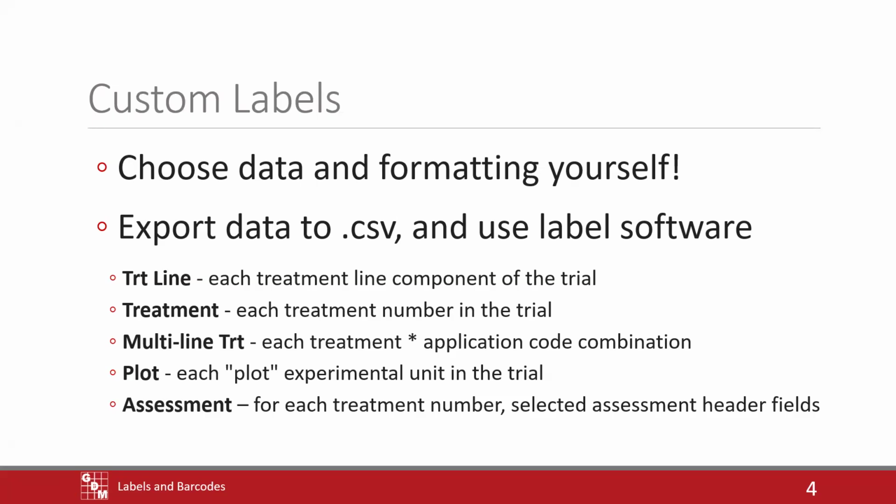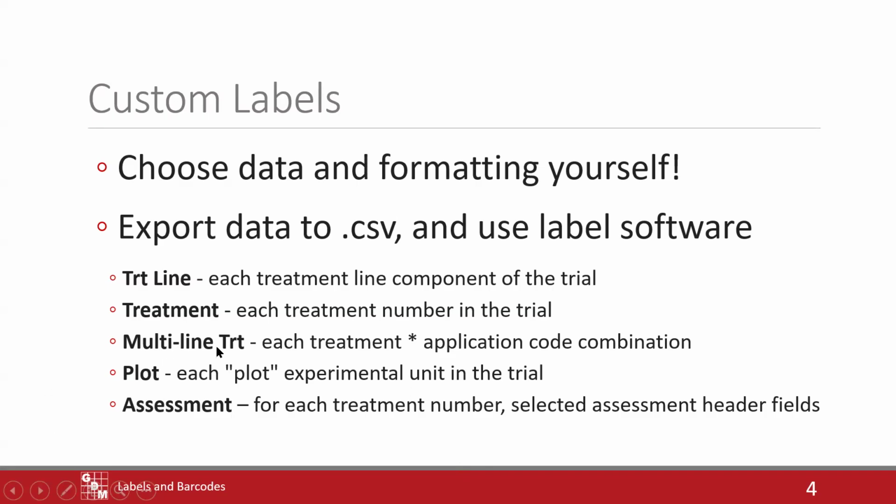So treatment line is, of course, just for every component in your treatment list, I want a label for each component. Conversely, treatment is just one label for every treatment number. And if I have a treatment that has multiple components to it, that information just gets squished together, concatenated on the label.